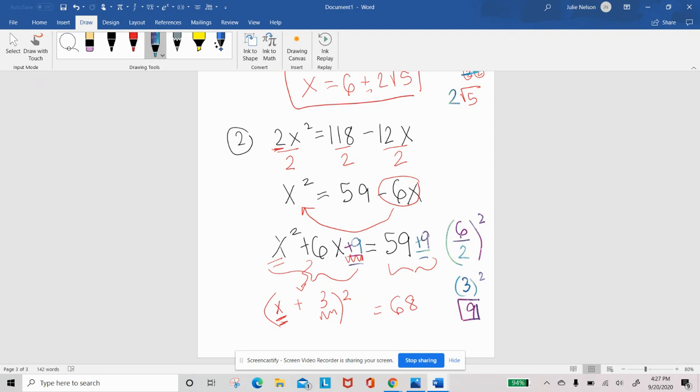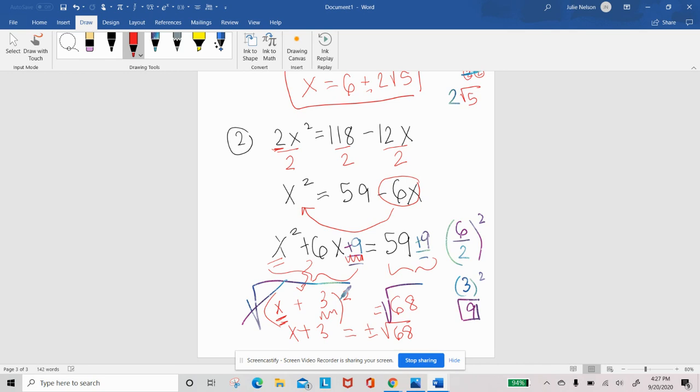Now the last thing I want to do before I solve for x is take the square root of both sides. So if I square root the left, I have to square root the right. So square and square root will cancel. I'm left with x plus 3 equals plus or minus the square root of 68.